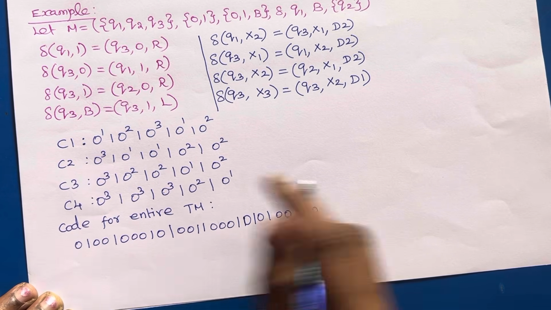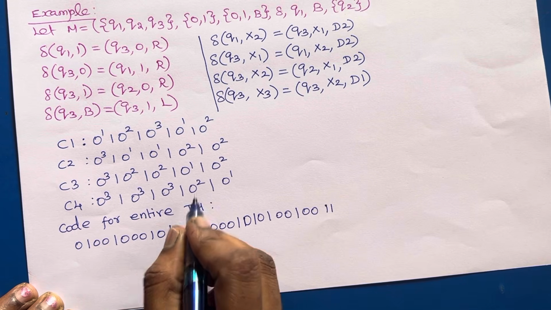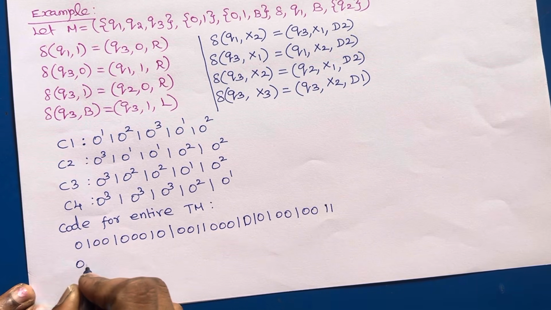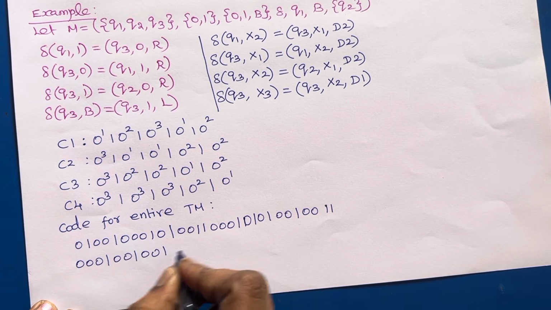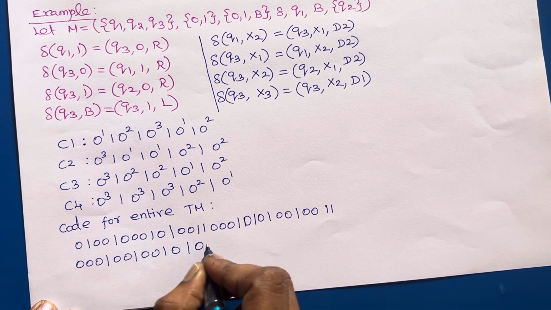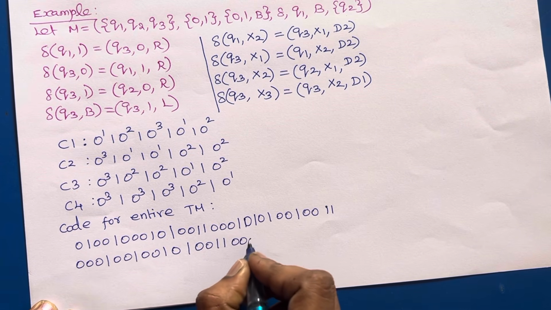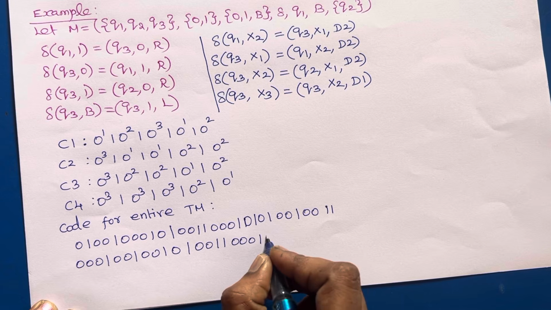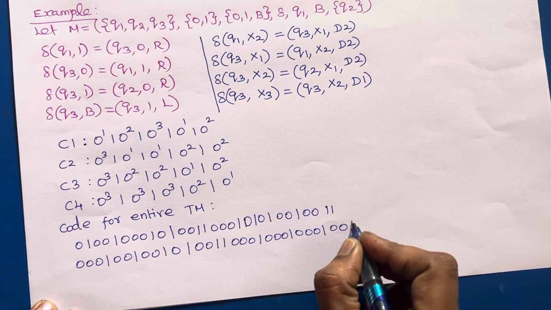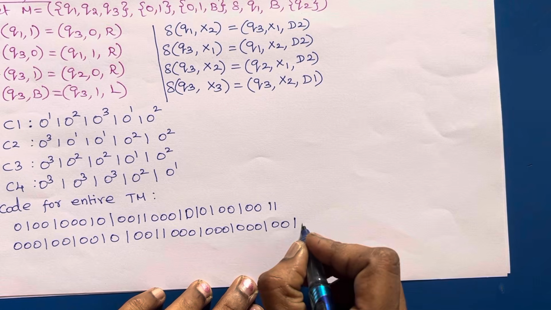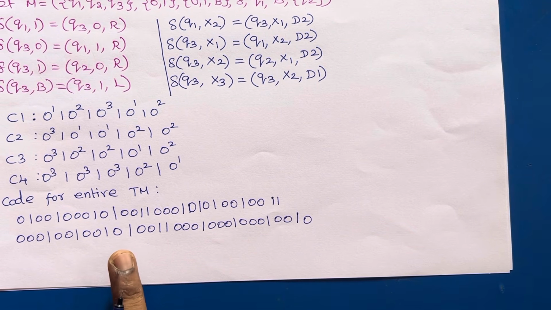So we have completed C2. Now write double ones. Similarly write C3 and C4: 3 zeros, 1, 2 zeros, 1, 2 zeros, 1, 0, 1, 0, 0. Then double 1. Then 3 zeros, 1, 3 zeros, 1, 3 zeros, 1, 2 zeros, 1, 0. So this is the code for the Turing machine.